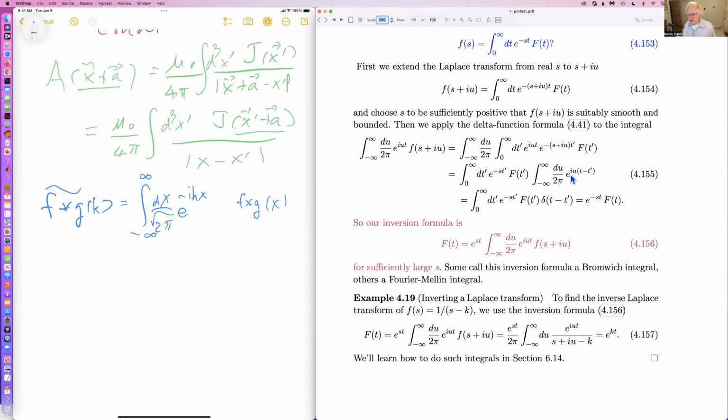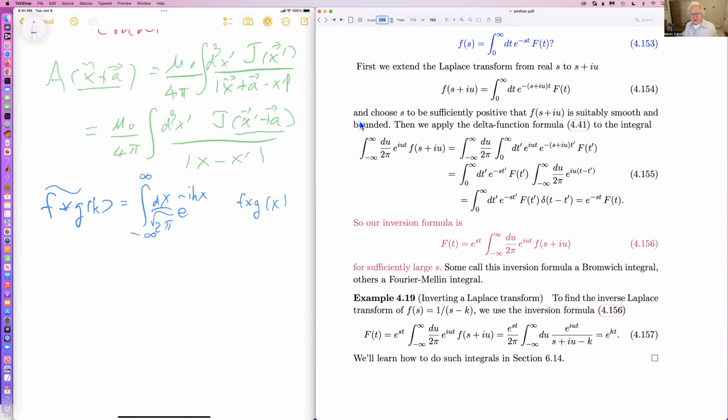And when you do that integral, if you imagine that you know what the inverse Laplace transform is, and just write it abstractly as f of t prime, you then see that the du integration gives us just delta of t minus t prime.